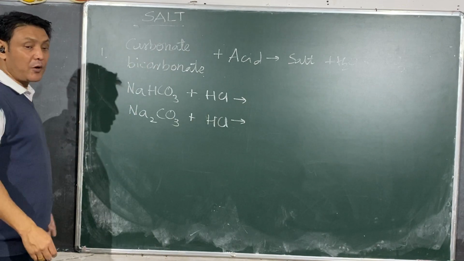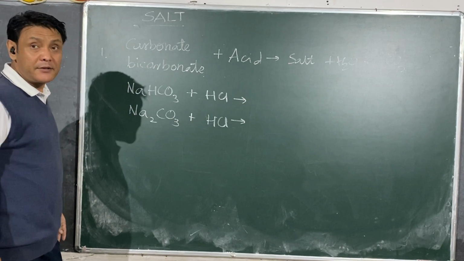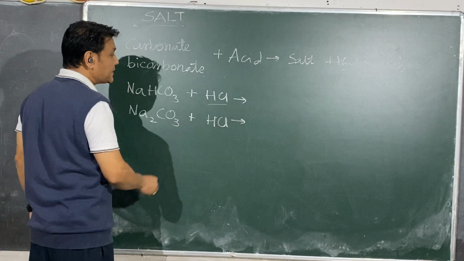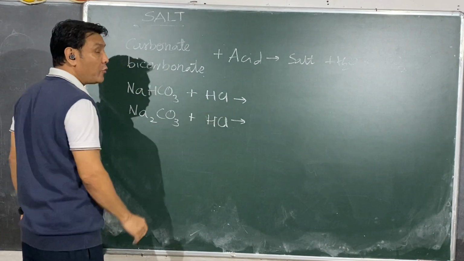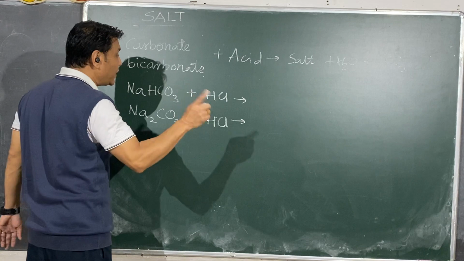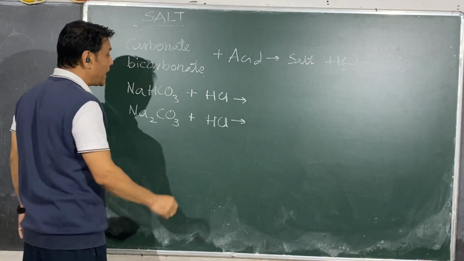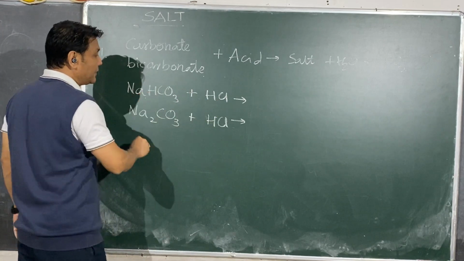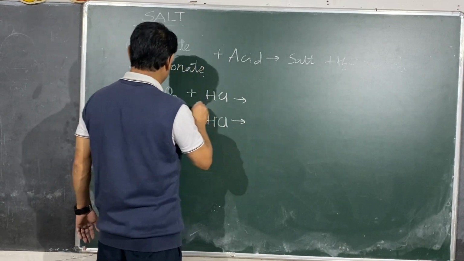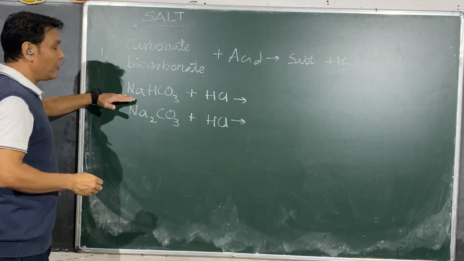Now, what salt is produced? You have to understand that since it is a monobasic acid, which contains only one replaceable hydrogen ion, a normal salt will be formed. The only metal over here is sodium.